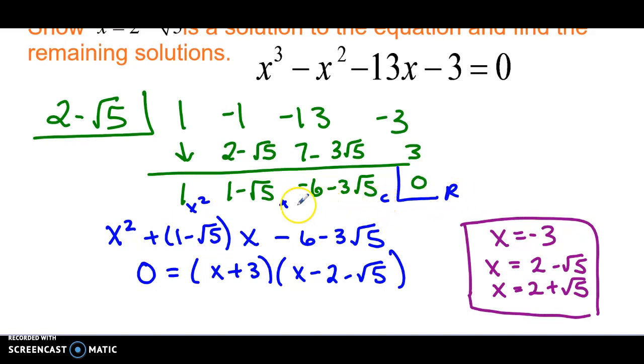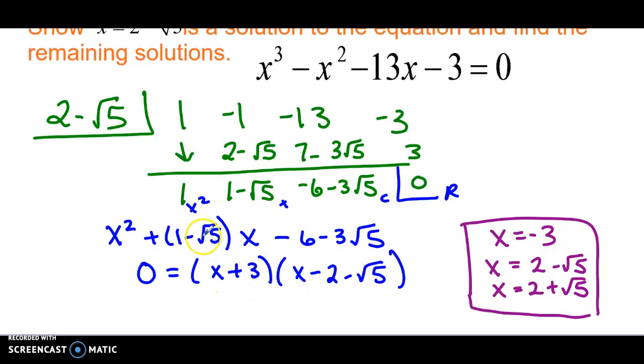Now when I build this back up, remainder, constant, x squared, notice that I get this quadratic. And we were told to find the remaining solutions. So I wanted to factor this, which I was able to do. Now, this is just going to take a little bit of thinking.